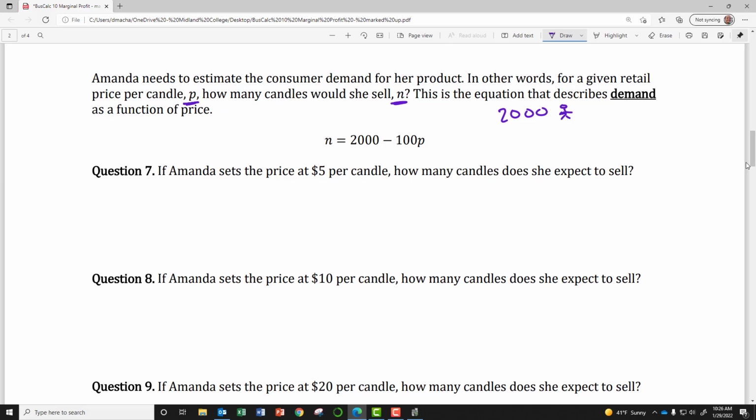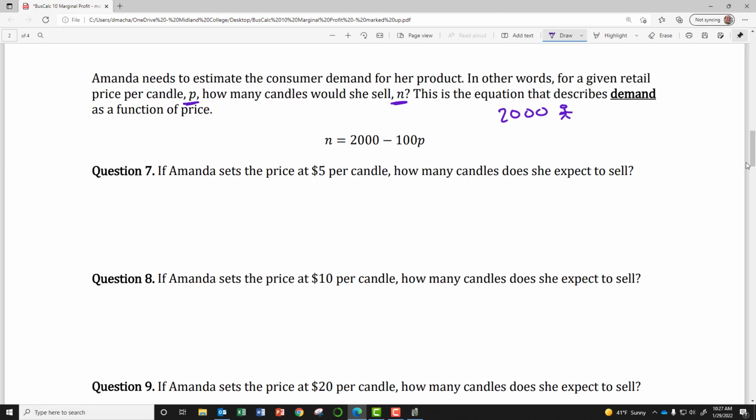So if she's giving the candles away for free, maybe all 2,000 people are willing to pick up a candle. I mean, it's free. Why wouldn't you grab one of these candles? But if the price gets too high, like above $20 per candle, maybe no one's interested, because who would want to pay $25 for a candle, right?